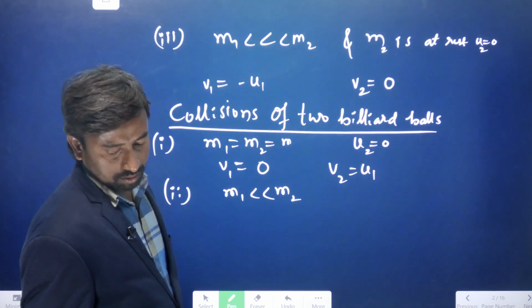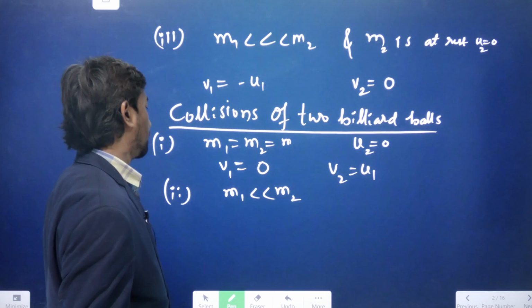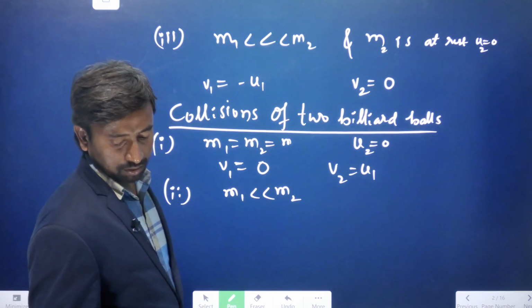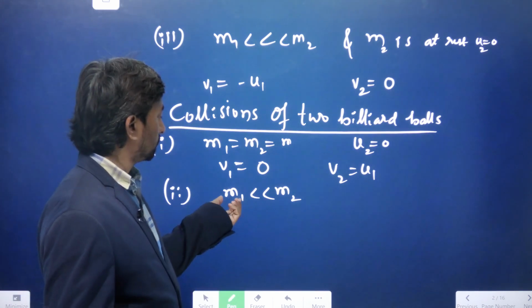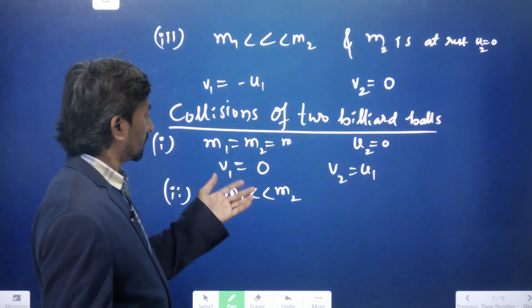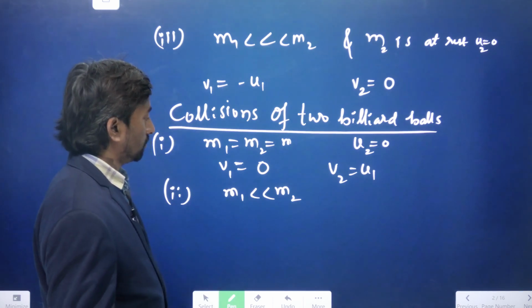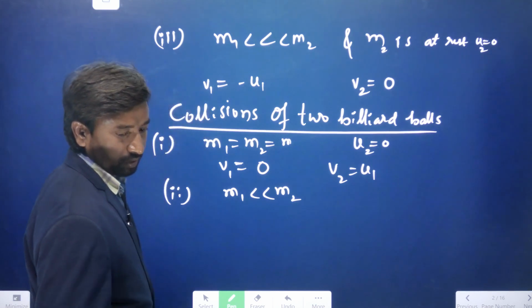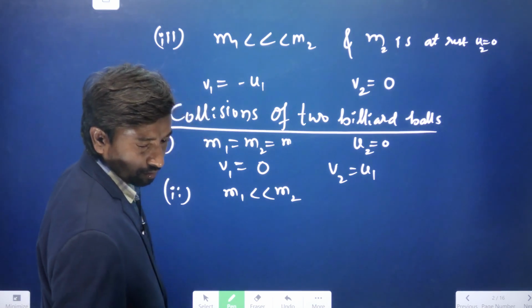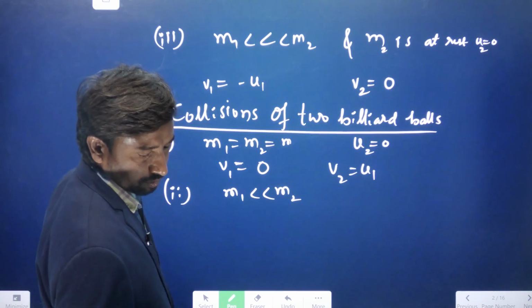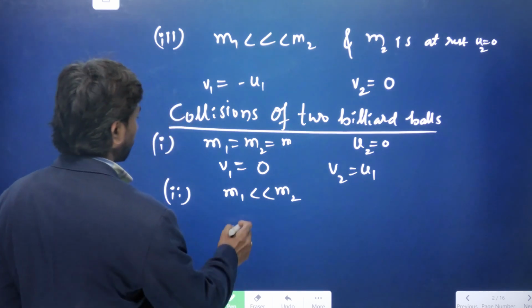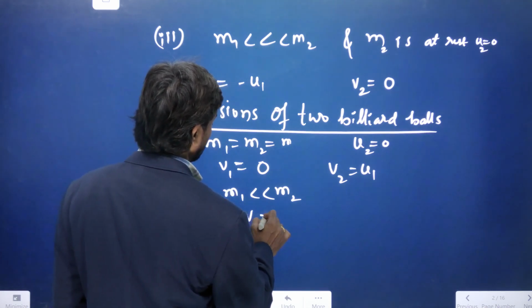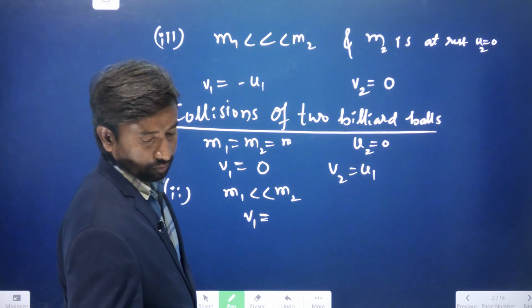If it is very small, we can neglect M1. If M1 is very far greater than M2, then we can neglect M2. Then what happens to V1? V1 is equal to.